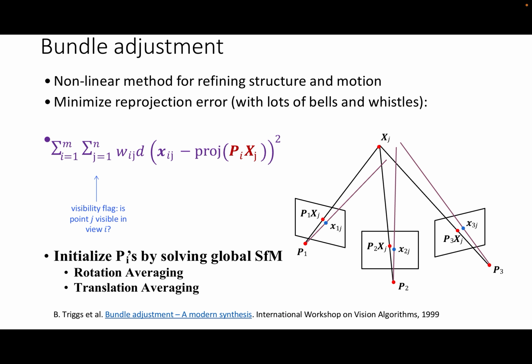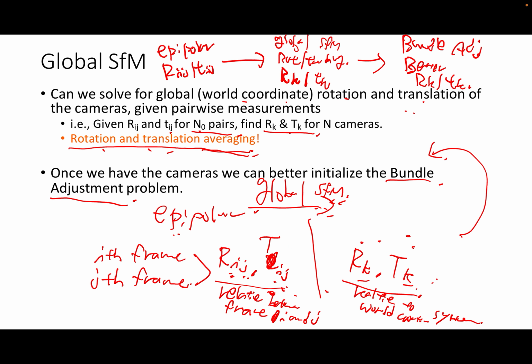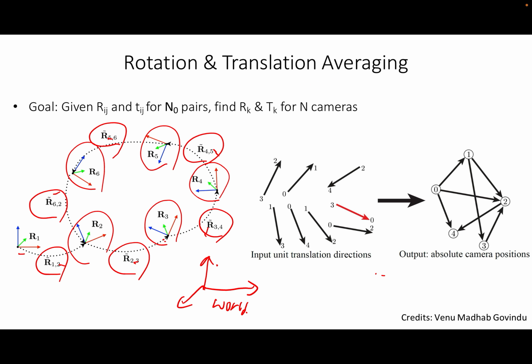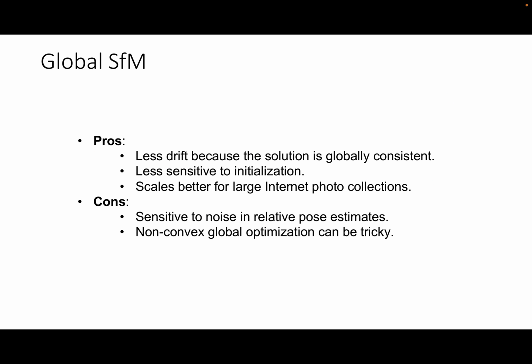As I said, after getting rotation and translation in the world coordinate system, we can use bundle adjustment to further refine them by minimizing the reprojection error. Here we initialize the projection matrix P by solving global SfM with rotation translation averaging, and then further refine the camera matrix, projection matrix, and 3D geometry of the points.